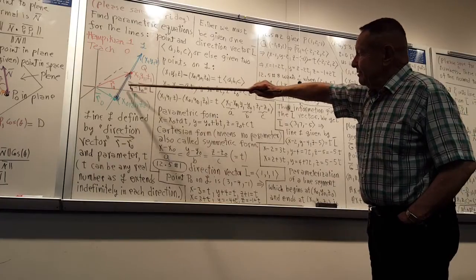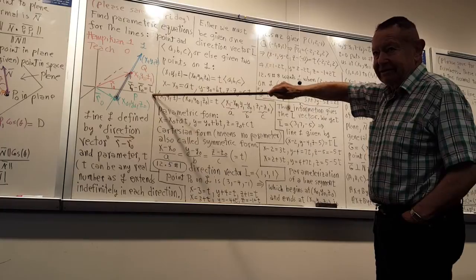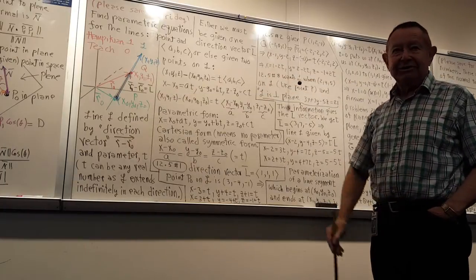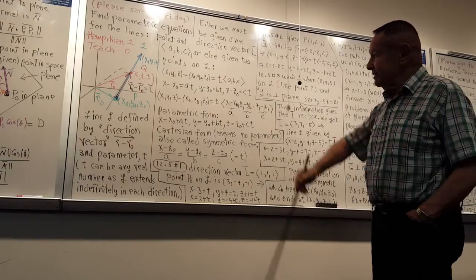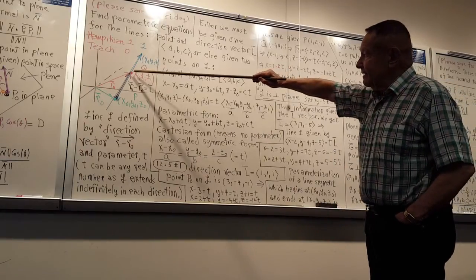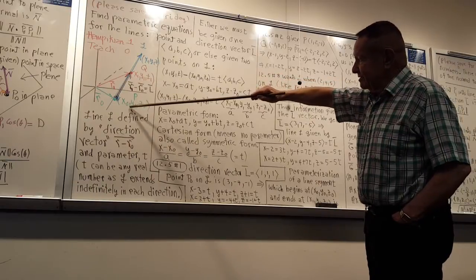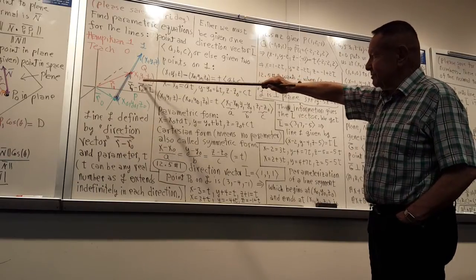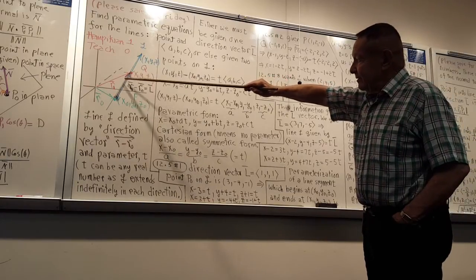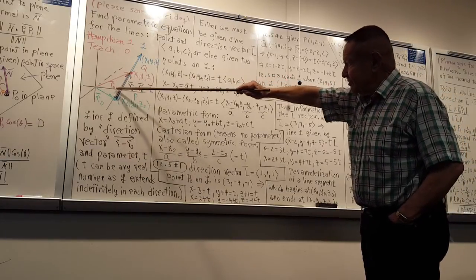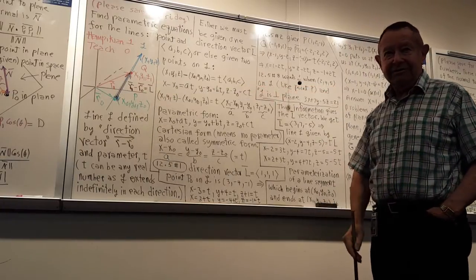So your problem may simply give you the L vector by giving you the direction numbers for the line or the direction cosines, or if not, the problem may give you 2 points, x0, y0, z0, and x1, y1, z1, and then you can do the third side of the triangle and get the direction vector.